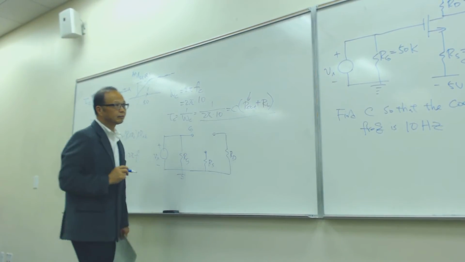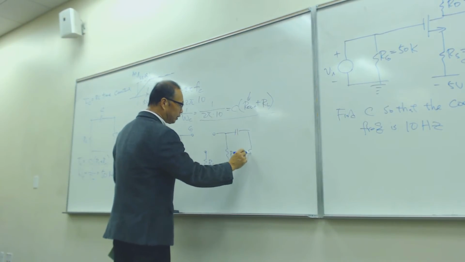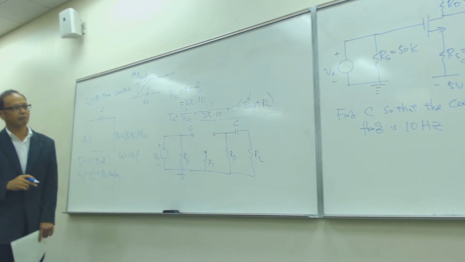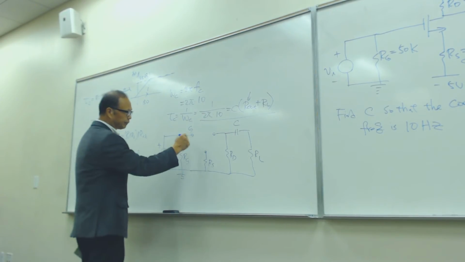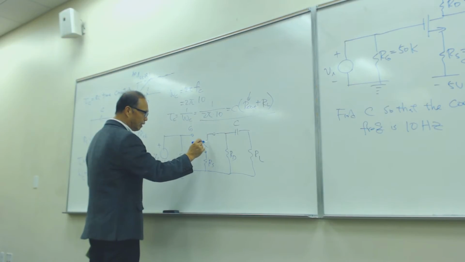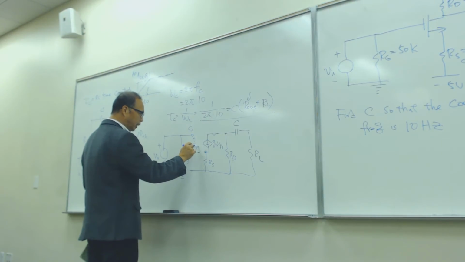And then you also have R sub L to the ground. So that's the C. We have done this many times. And then this is the model of the MOSFET, so all you have is a g sub m V GS.